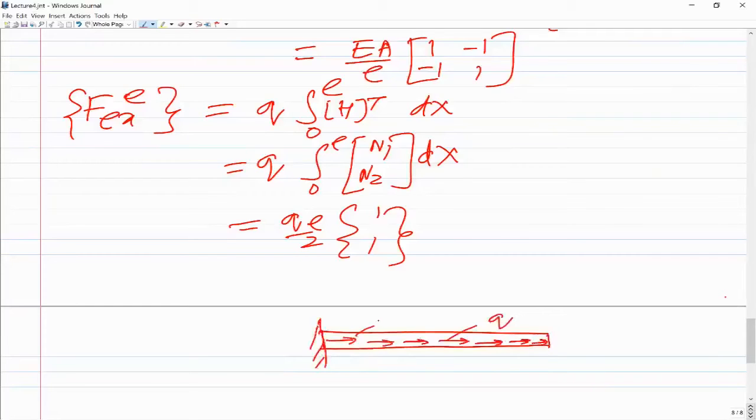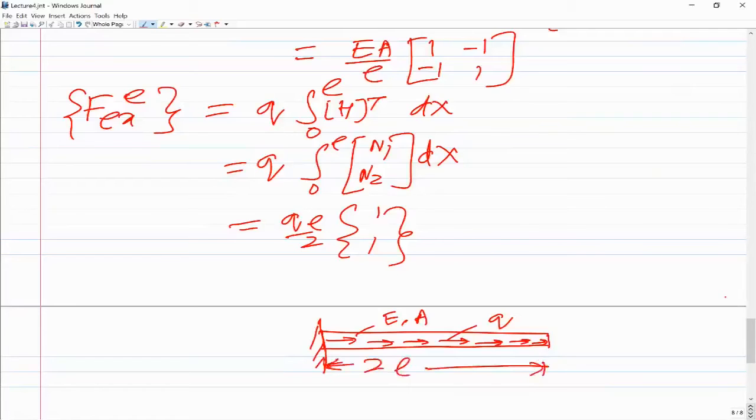The Young's modulus of the rod is E, and the cross sectional area is A. Let us say the total length of the rod is 2L, and we want to solve this using finite element. So we want to find out the displacement, strain, stress, everything in this rod using finite element.